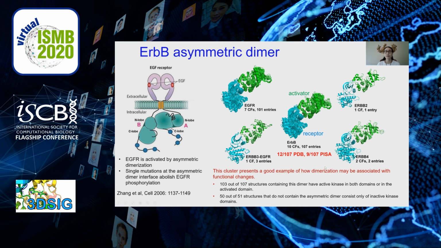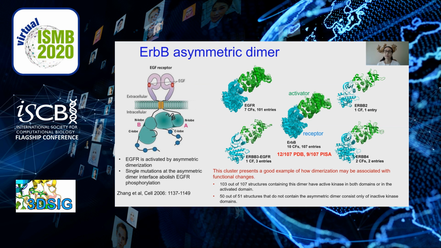Because not all of the structures of ErbB proteins have this asymmetric dimer in their crystals, we did data analysis and found that 103 out of 107 structures containing this dimer have active kinase in both domains or in the activated domain.